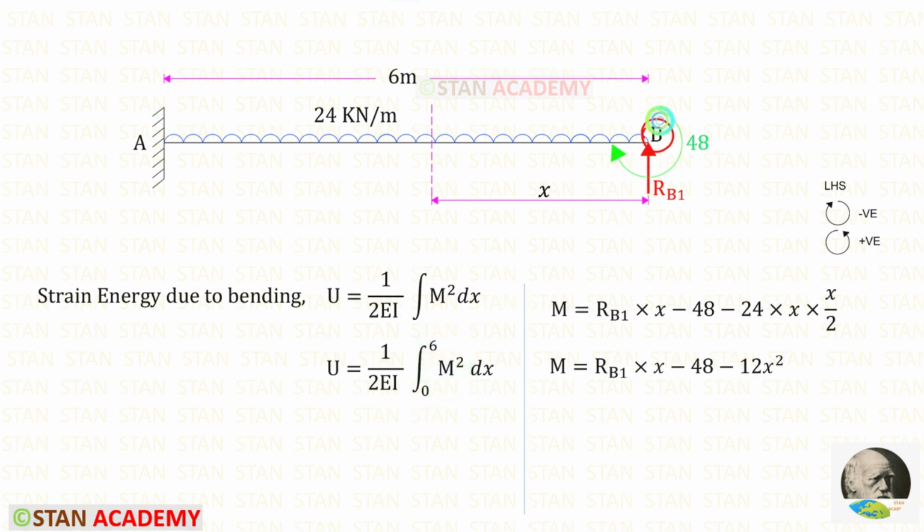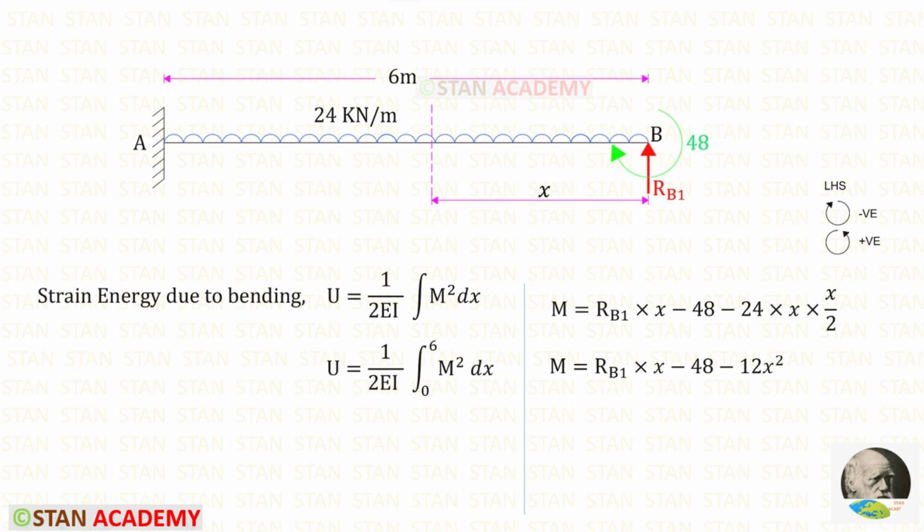Now from the point B, we are going to find the moment M. In this case, we have to follow left hand side rule. Clockwise will be negative and anti-clockwise will be positive. RB1 is acting in the anti-clockwise direction, so that it will be positive and the distance is x. The moment 48 is acting in the clockwise direction, so that it will be negative.